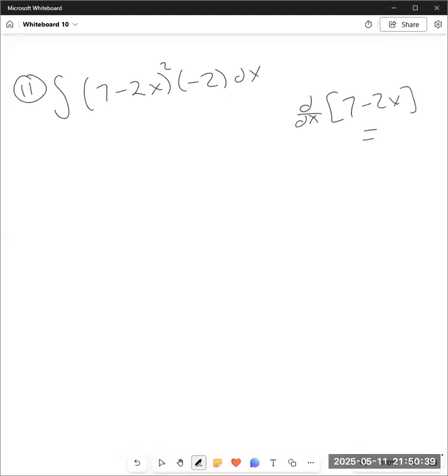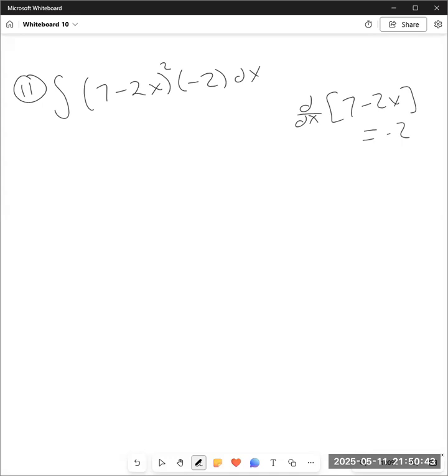So let's look at number 11. 11 says integral of 7 minus 2x times a negative 2 dx, and we see that this is squared here. So the derivative of 7 minus 2x is negative 2, which I have right there.